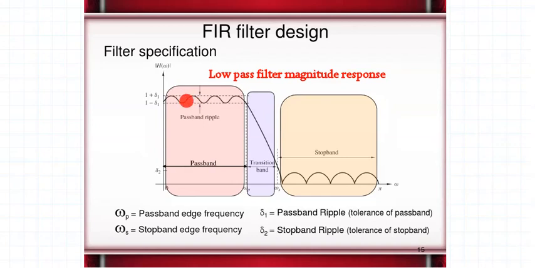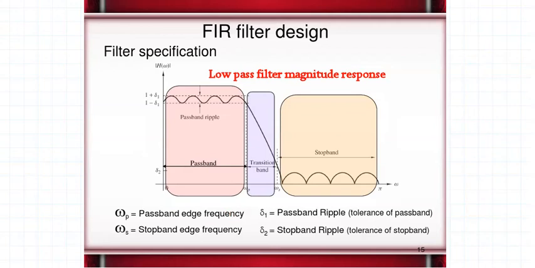So we use delta 1, or some books mention it as delta P, to denote the pass band ripple, the tolerance of the pass band. And omega p, what you observe here, is the pass band edge frequency, or indirectly the cutoff frequency. So omega p is called as the pass band edge frequency.